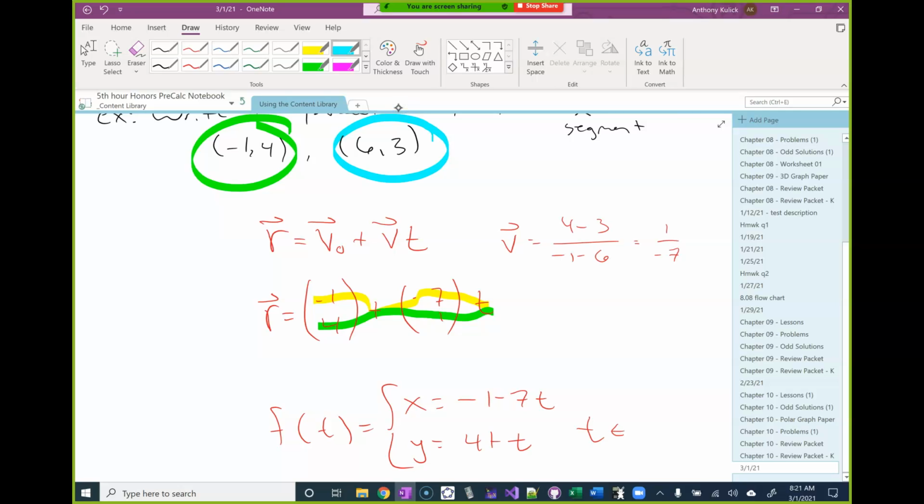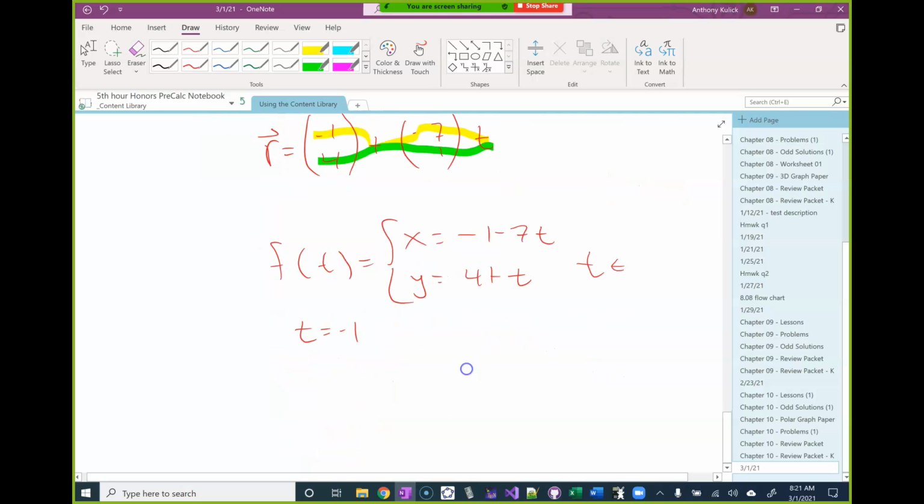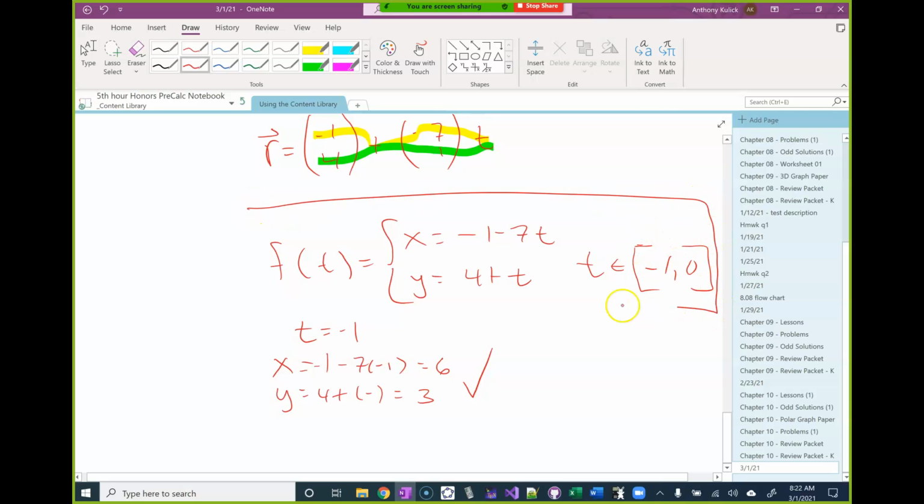So all I need to do is check when I plug 1 or -1 in for t, which one gives me 6, 3. Should be pretty easy to see that that's going to be -1. So my interval then would be, brackets, -1 to 0.